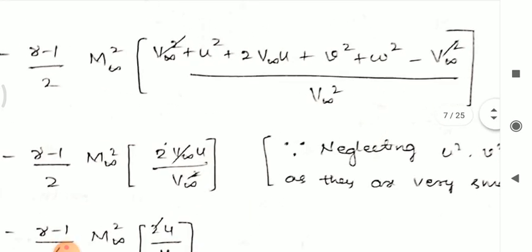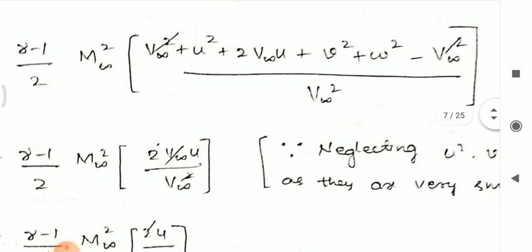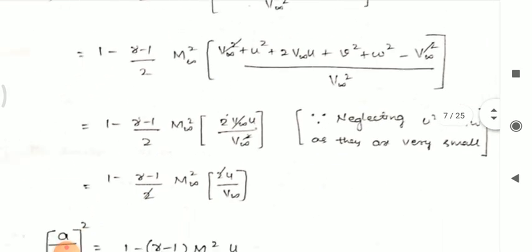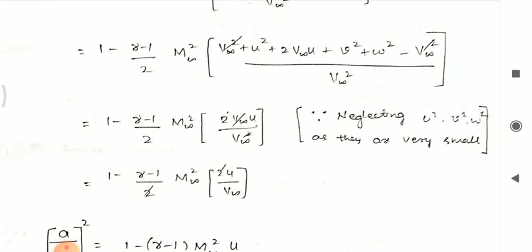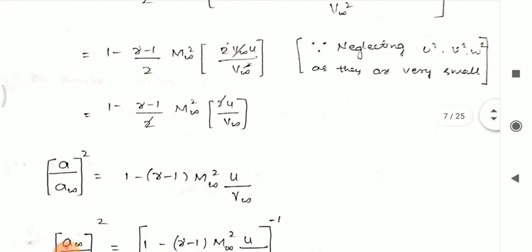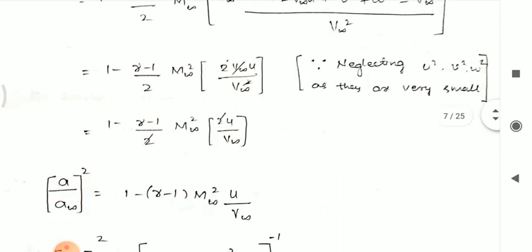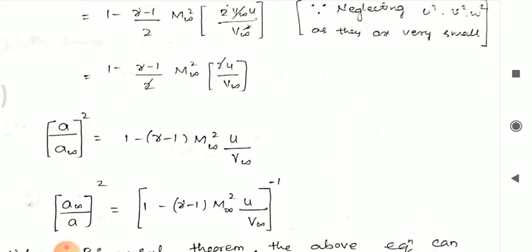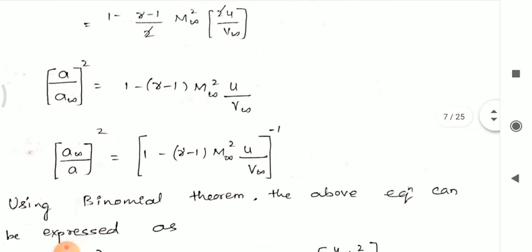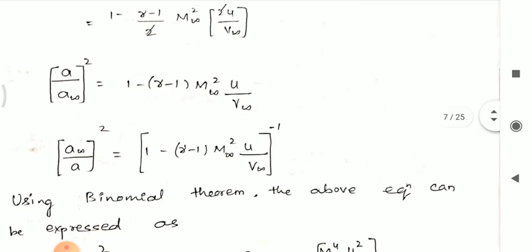Now in this equation, neglecting the higher order terms like v squared, w squared, u squared, as they are very small, we will have only 2 V infinity u divided by V infinity squared. V infinity on top and V infinity at the bottom will get cancelled, and the 2 and 2 will get cancelled. Then a by a infinity squared will become only this much: a by a infinity squared is equal to 1 minus (gamma minus 1) into M infinity squared into u by V infinity. But a infinity by a whole squared will become the inverse of this.